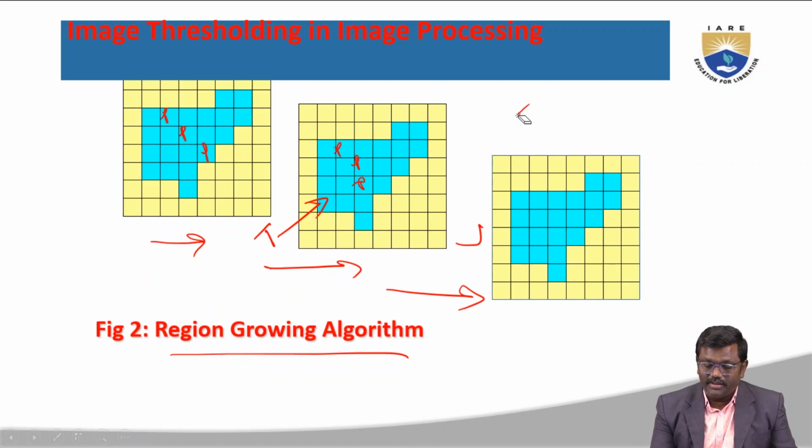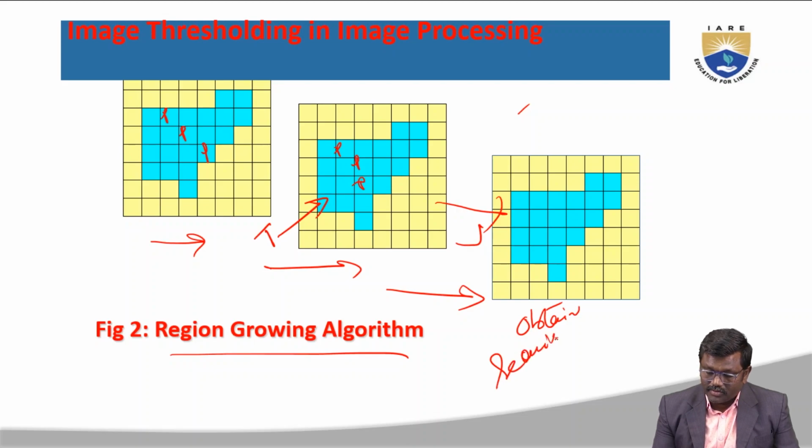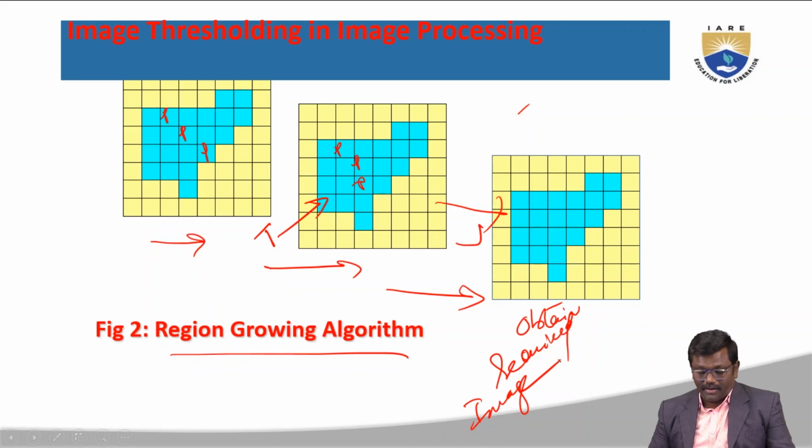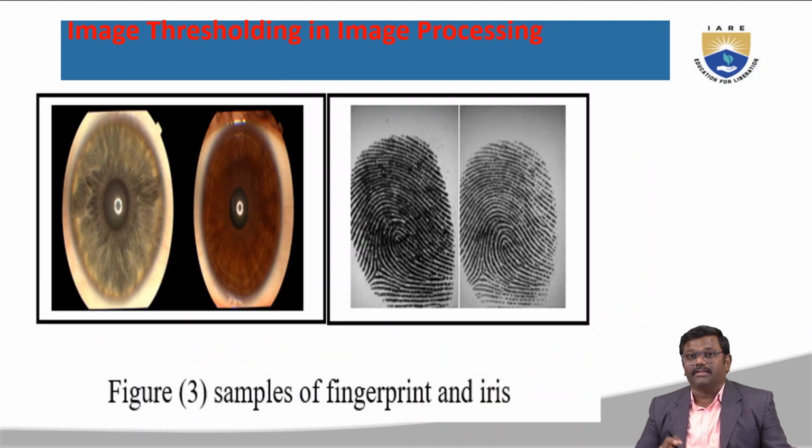That is important here, and we obtain the required image. That is one of the best applications of the region growing threshold-based algorithm.